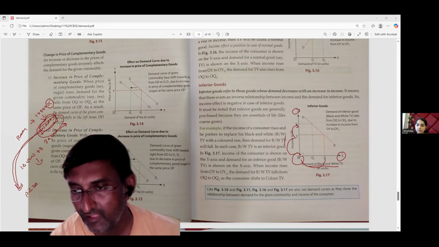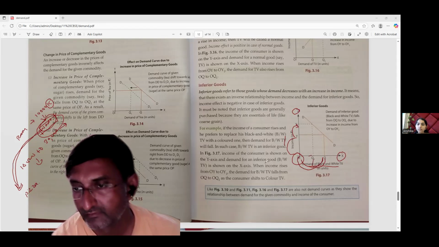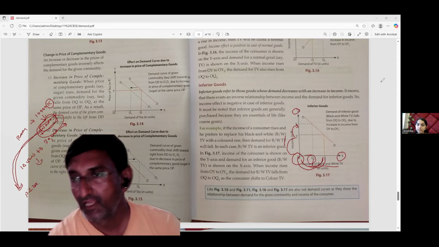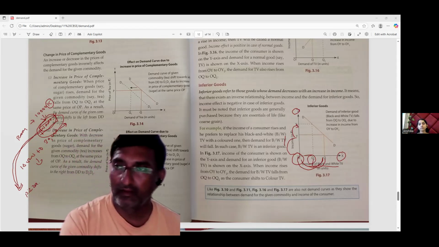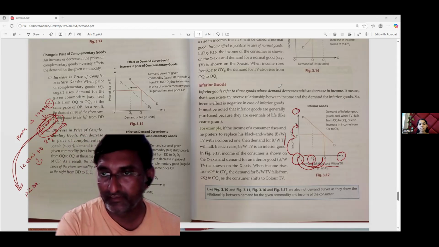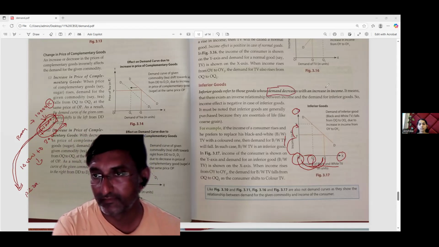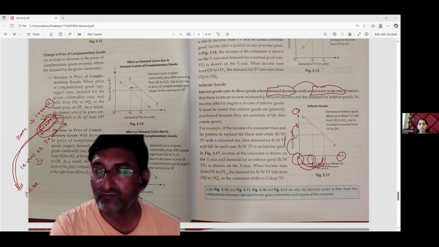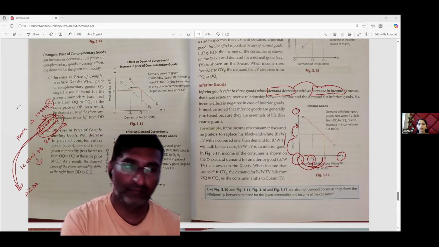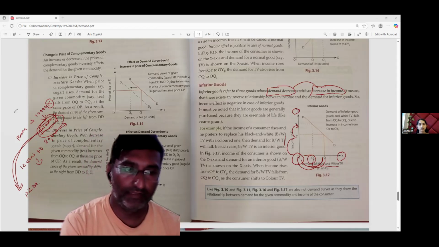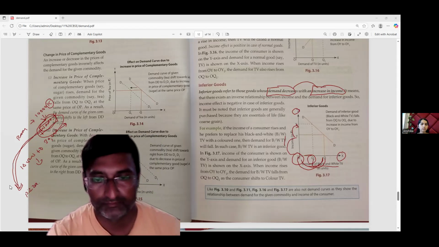It means he will switch from OQ to OQ1, right? So that is why it is called an inferior good. Under inferior goods, demand will decrease due to increasing income. Why? Because he is moving to another kind of product, a superior kind of product. So this is the simple example of the difference between inferior as well as normal goods.